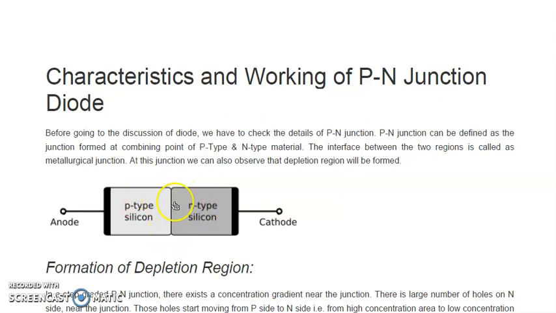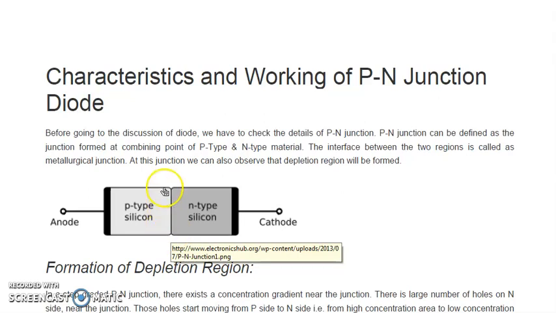This diffusion will happen to a point where a sufficiently large positive charge on the N side and a sufficiently large negative charge on the P side is developed. This is also known as the space charge region.